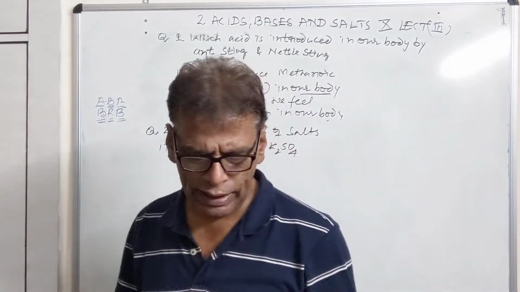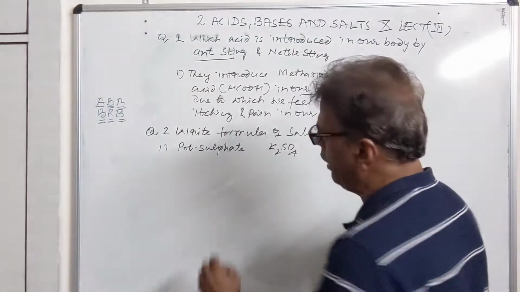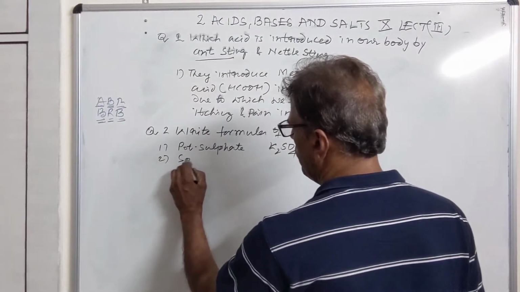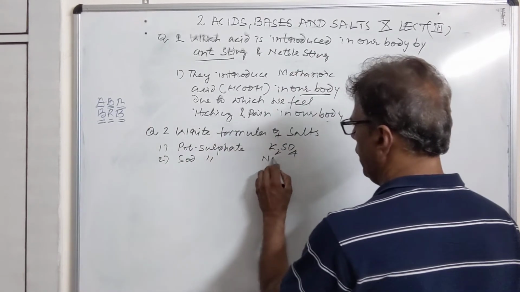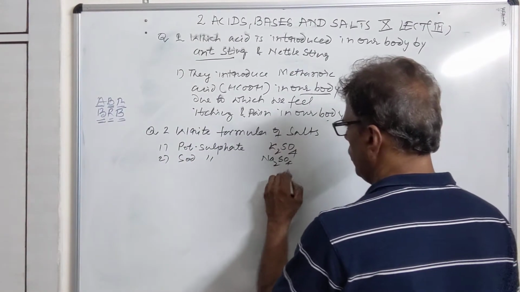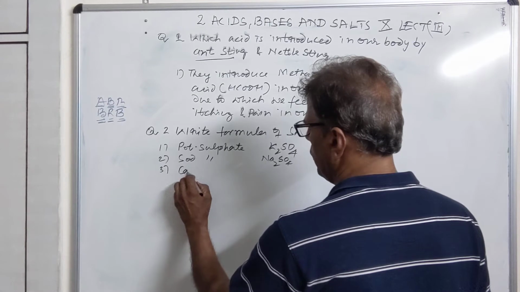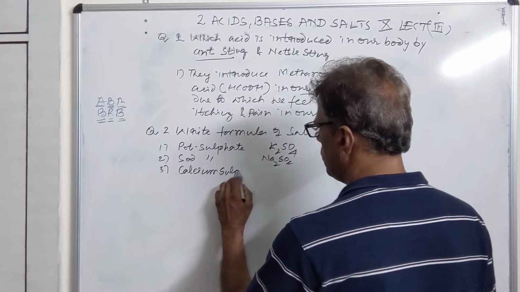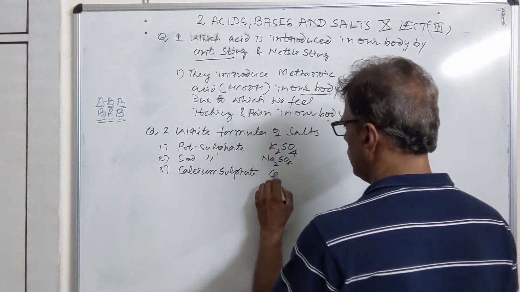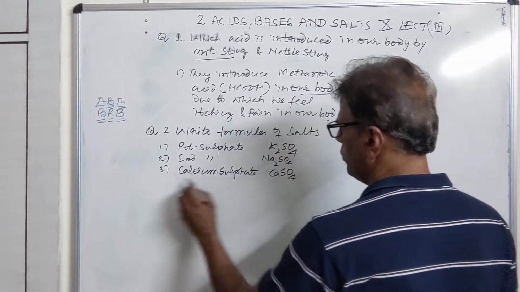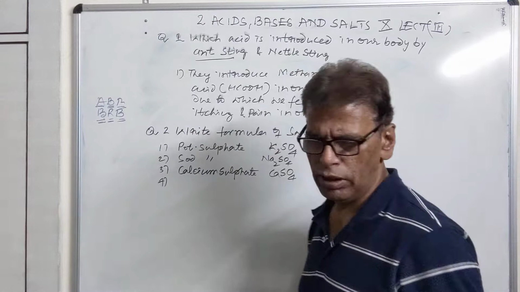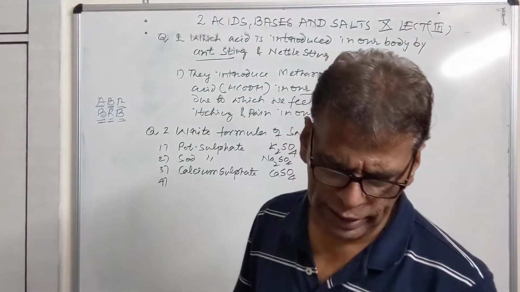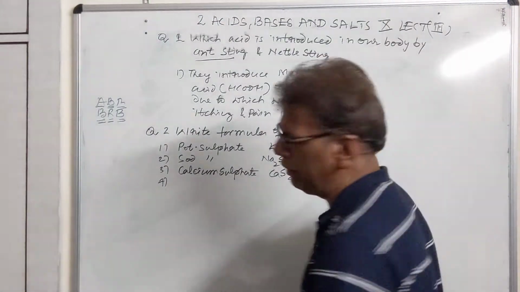Then we have the second salt, sodium sulfate. This is Na2SO4. Then we have calcium sulfate, CaSO4.